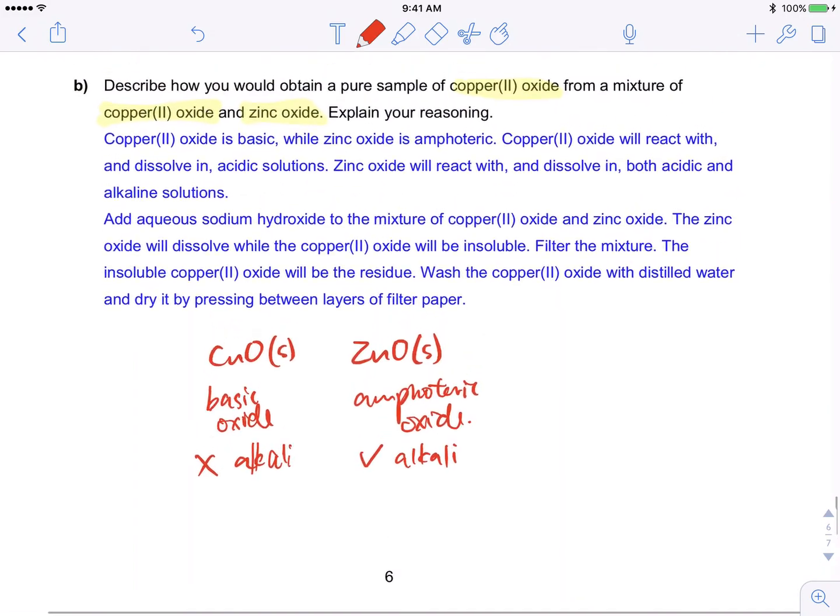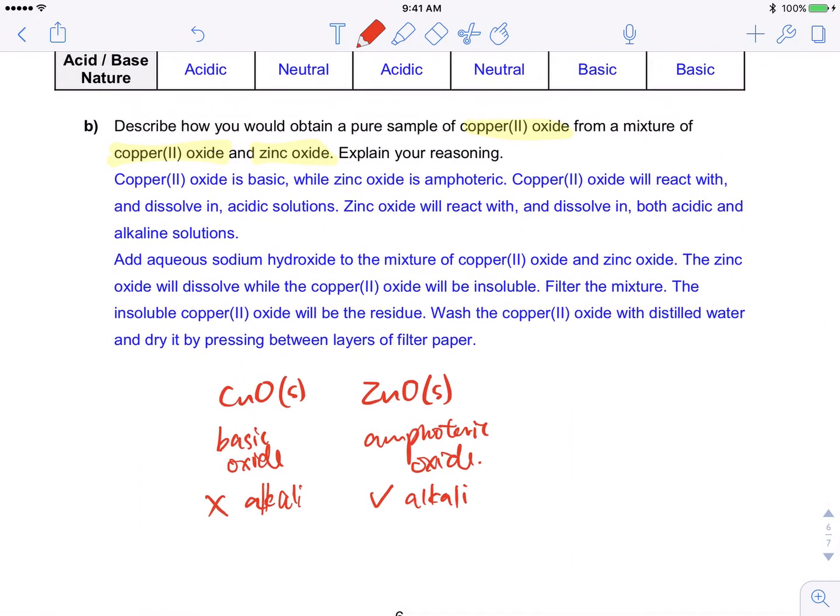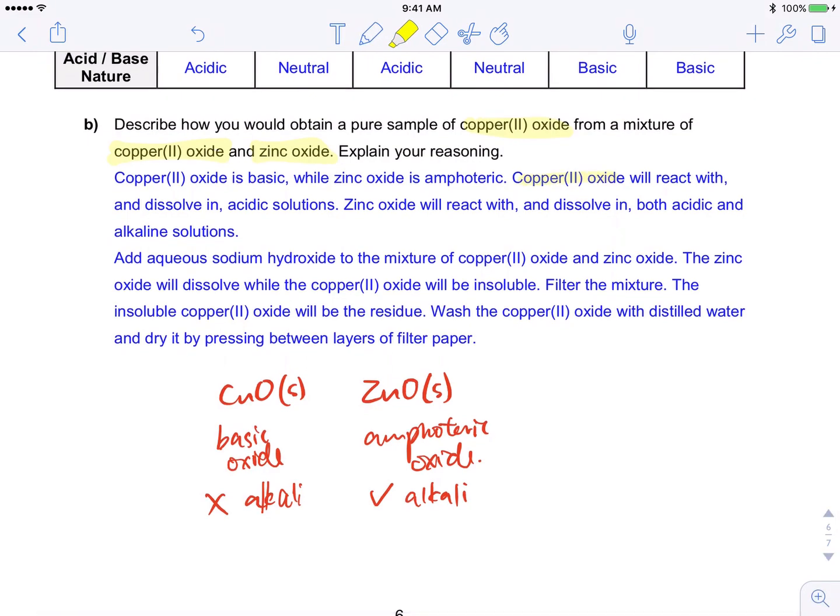Okay, so that will form the basis of what you are reacting with. Okay, so copper 2 oxide will not react with alkaline solutions, but zinc oxide will react with alkaline solutions. So that's the basis of our experiment.